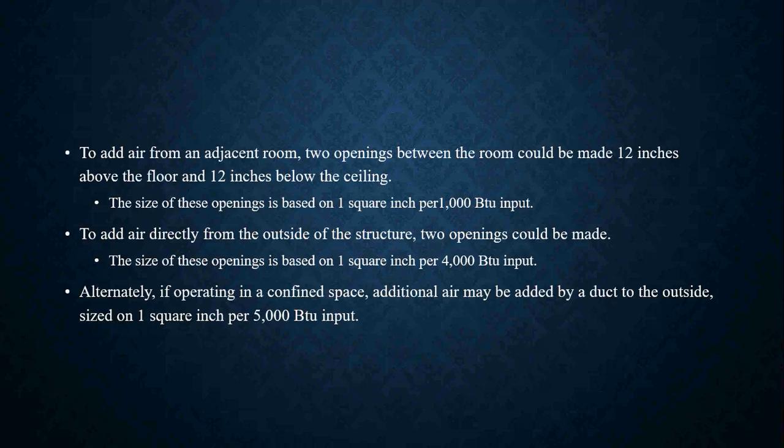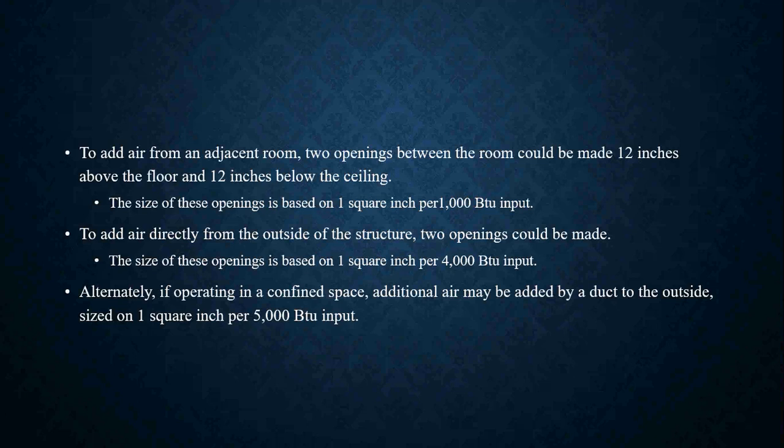So you have to look at the input ratings of all of your appliances, and depending on how you want to bring fresh air into that space, you have to use those codes to help support the combustion air that we need to bring to that unit.